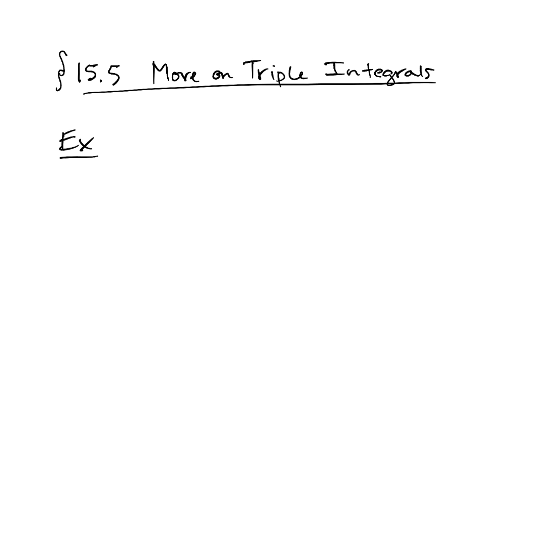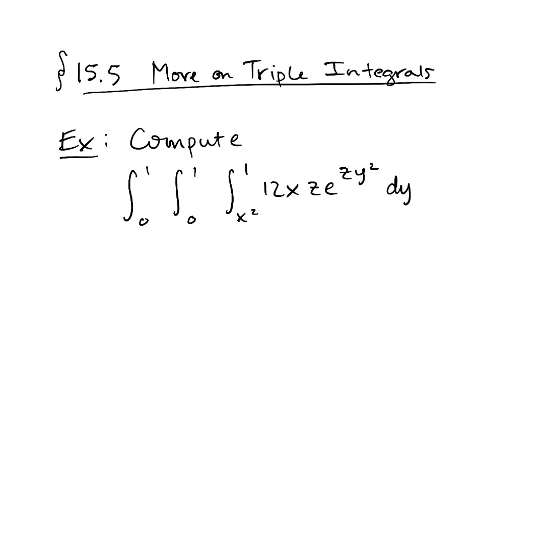So here's the example. We're being asked to compute a triple integral, 0 to 1, 0 to 1, x squared to 1, 12x z e to the zy squared, all done dy dx dz.